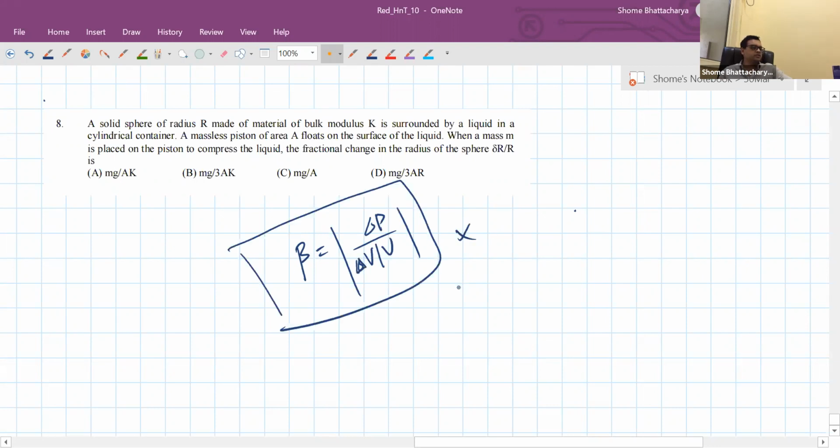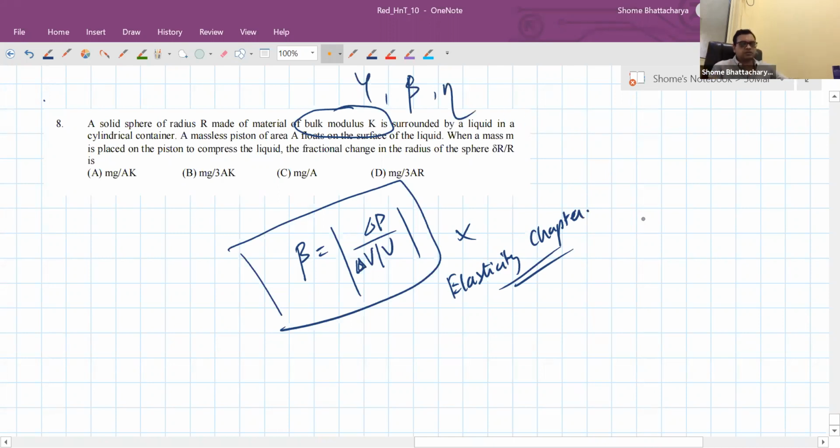This is to do with the elasticity chapter. So any question where you see the word modulus of elasticity, whether it is Young's modulus of elasticity or bulk modulus or coefficient of rigidity or whatever, you leave these questions out for the moment. When we do properties of matter, we will discuss it then. Okay. Okay, sir.